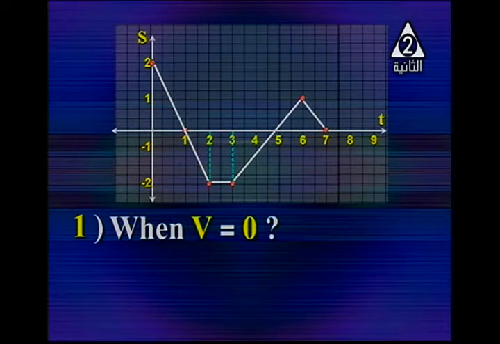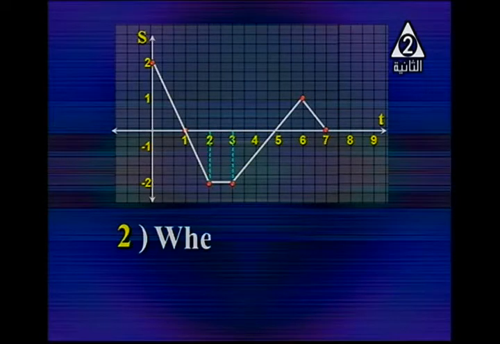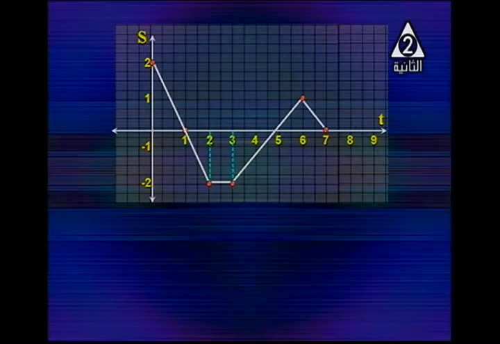When v equals 0, t equals 1 or t equals 5, or t equals 7. And so when the instant velocity equals 0, t equals 6.